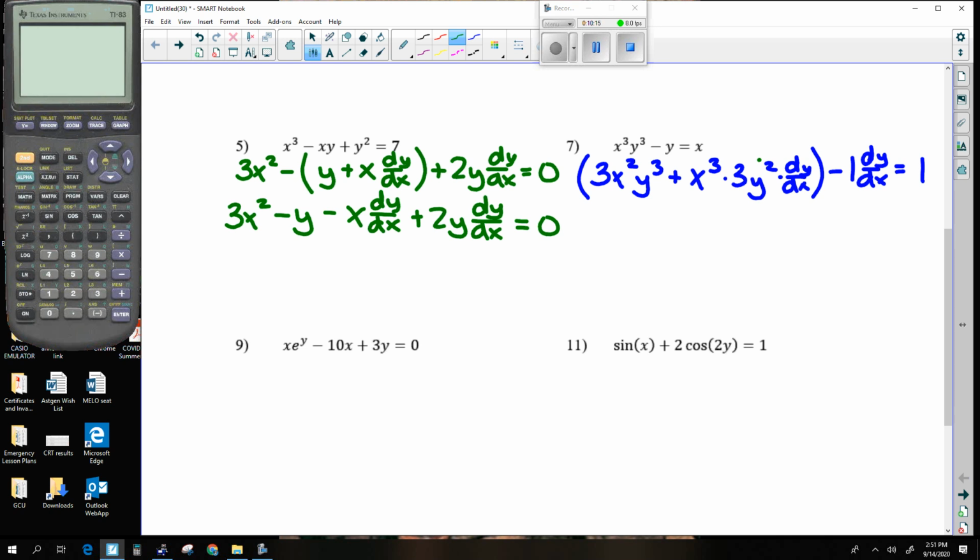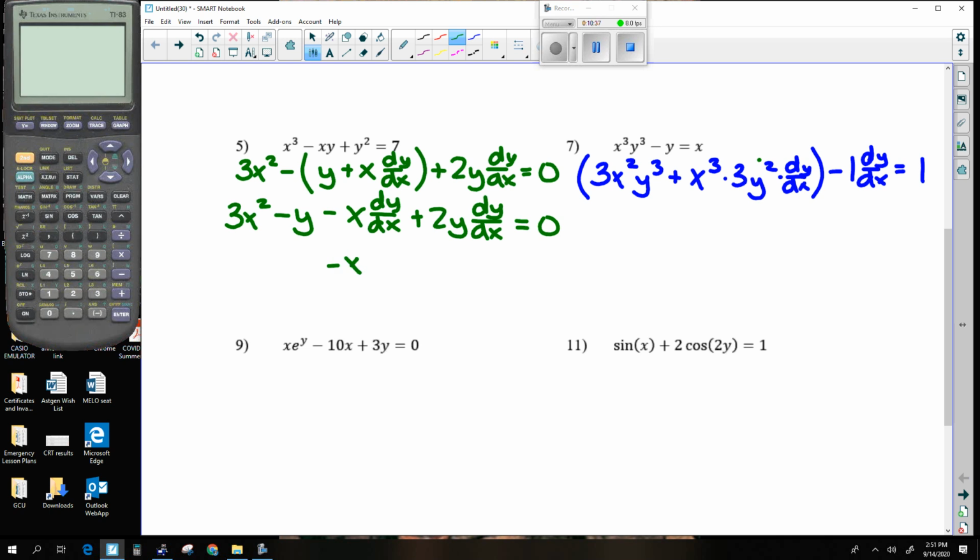The first thing that you do is just get all the dy dx's together. So what I do is make sure all dy dx's are on one side, and everything else goes to the other. And this is pretty much a plus minus kind of operation.